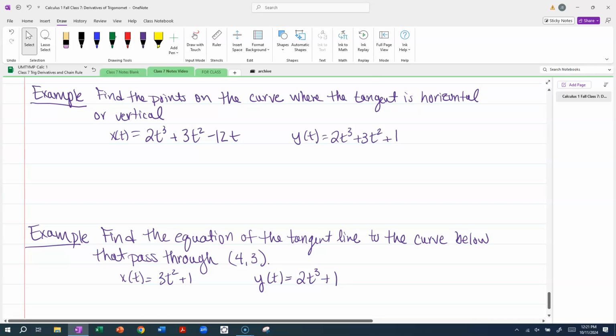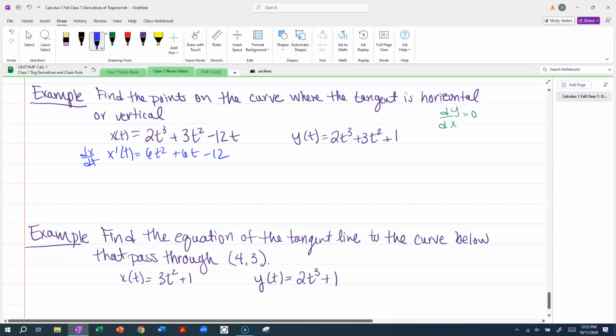We want to find places where the tangent line is horizontal. So the tangent line would be horizontal when dy dx is equal to 0. I need to find x prime, which is dx dt, equal to 6t squared plus 6t minus 12.